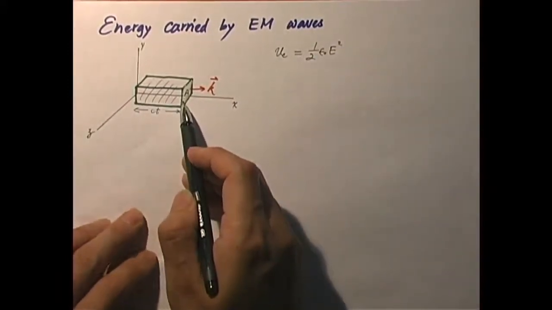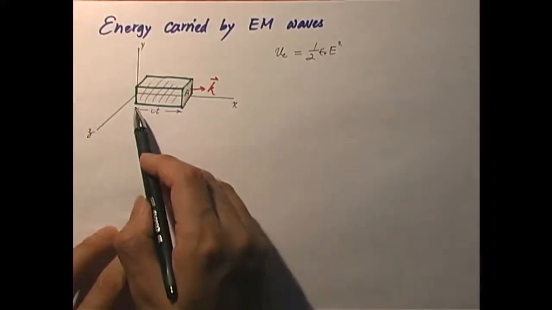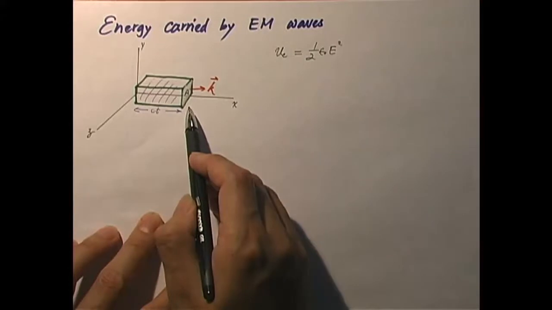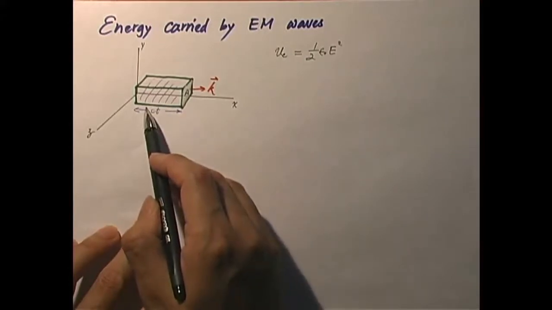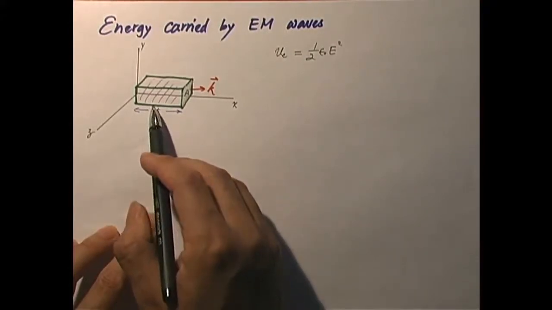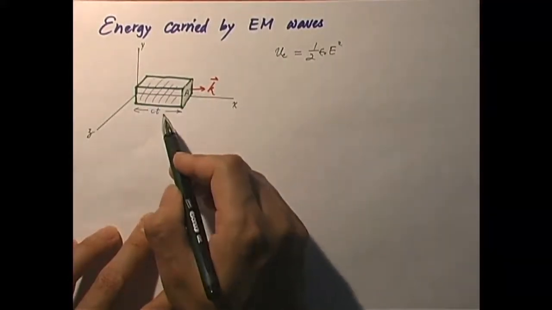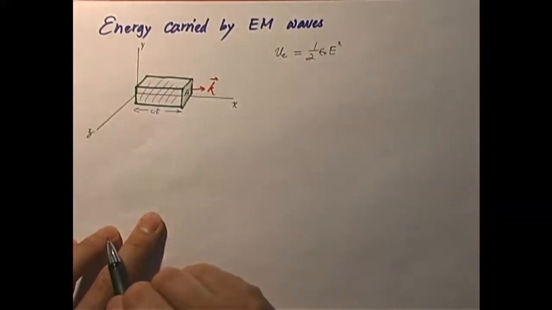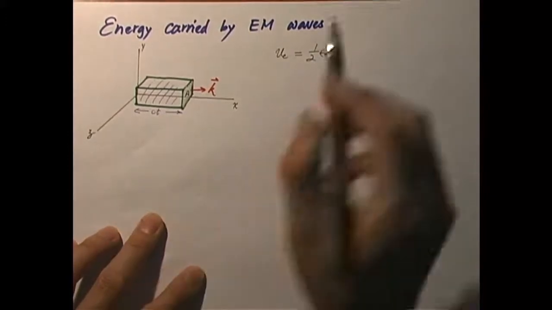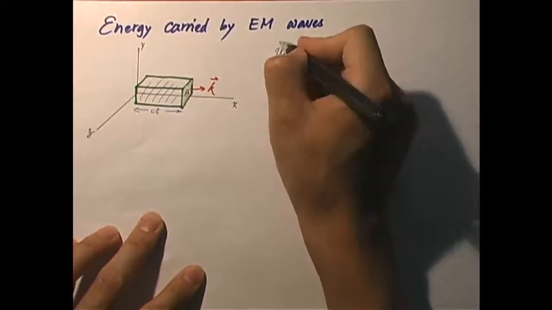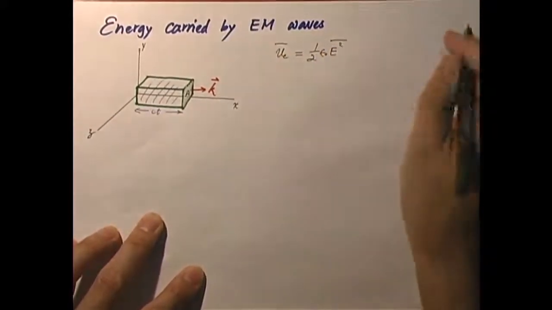But what I want to know is the average value of E squared over space, because then if I multiply this by the volume, I will get the total amount of electrical energy. So I'm going to have to average it over space.